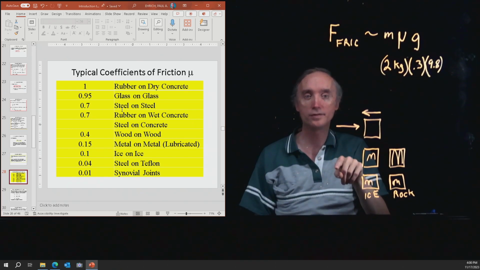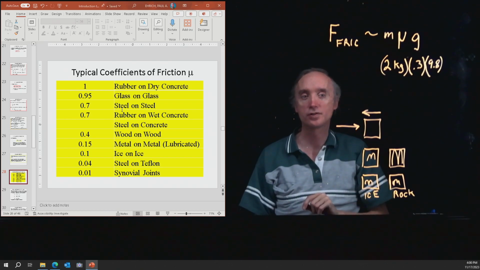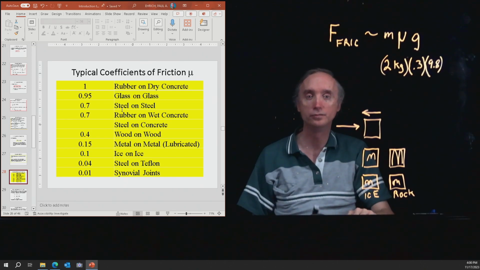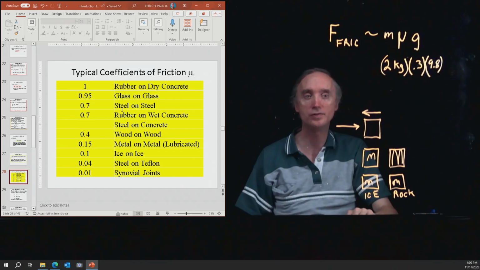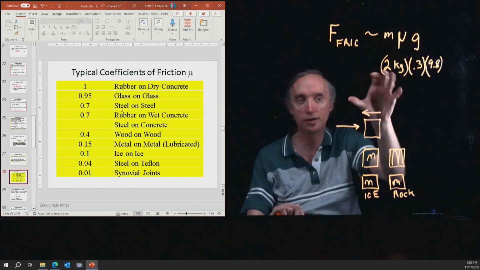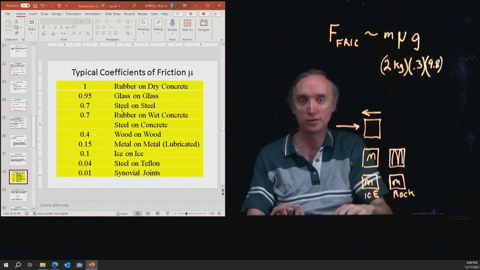Rubber on wet concrete is 0.7. So on a rainy day, you lose 30% of your traction. That's the reason why you've got to be very careful when you are driving on snow and on ice, because you lose traction, and therefore the force of friction between your tires and the road diminishes.